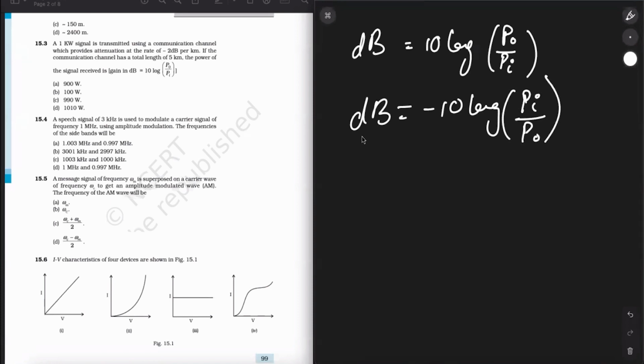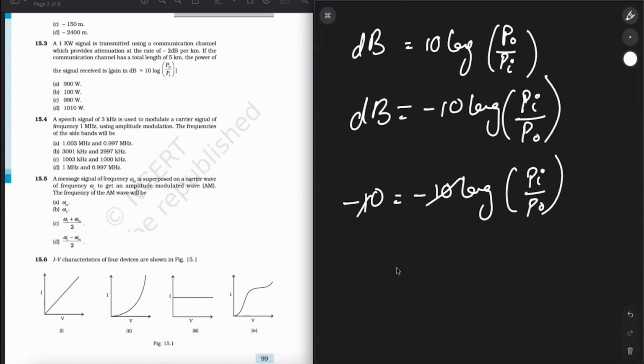Then dB, I know, is -10. Here -10 equals log Pi upon P naught, with the 10 cancelled out. Then what am I left with? Log Pi upon P naught is equal to 1, so Pi upon P naught is equal to 10.